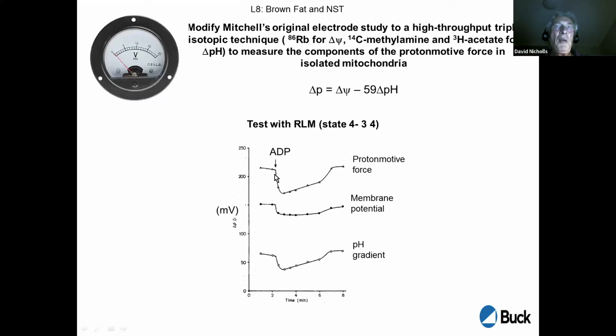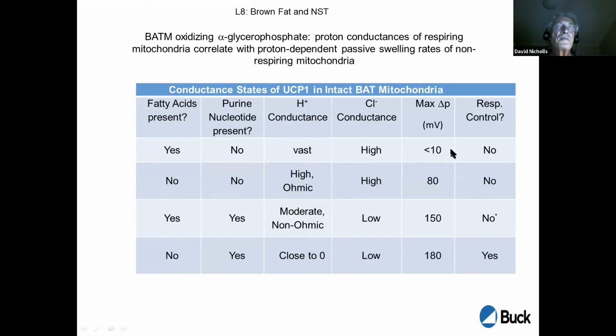We added ADP. We saw this slight dip in proton motive force, which recovered as the ADP was used up and converted to ATP. And there were the individual components of membrane potential and pH gradient.